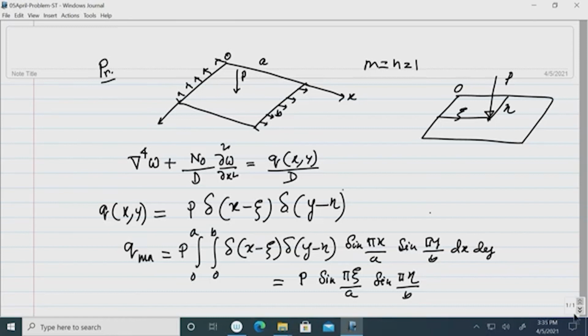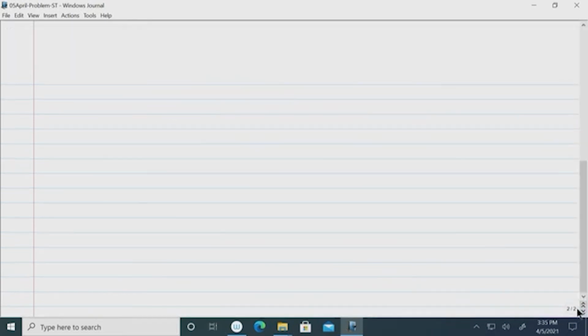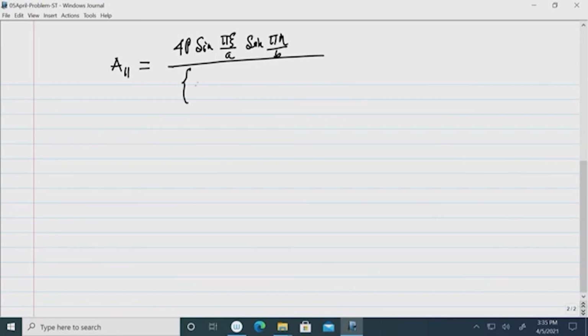So, now if I write the expression of this, A11 will be, because m is equal to 1 and n is equal to 1, A11 will be 4P sin pi xi by a sin pi eta by b divided by the terms that contain the plate parameters, say pi square by a square plus pi square by b square, whole thing square.